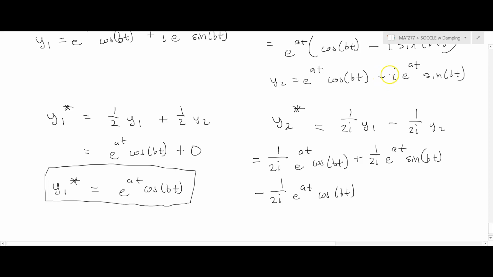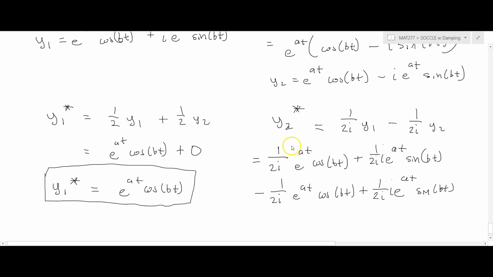Now minus negative 1 over 2i times this term, which will give me plus 1 over 2i, because now I'm scaling a negative by a negative 1 over 2i. So plus 1 over 2i e to the at sine bt.